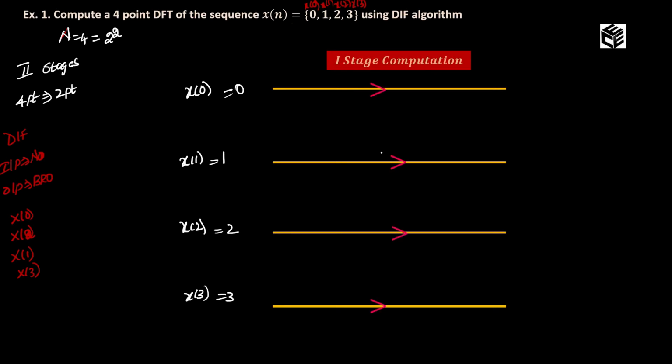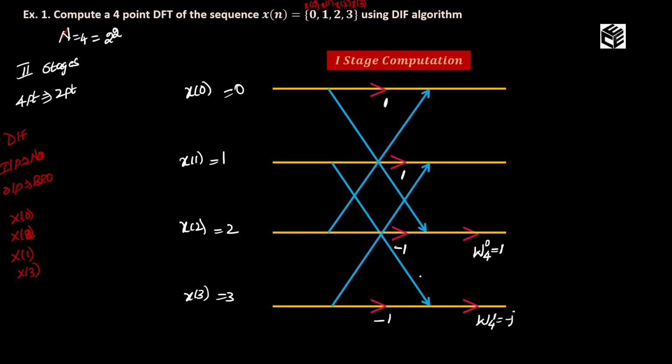Now I'm going to add the values, that is plus 1 and minus 1. Since it is a 4-point sequence, the first 2 lines will take plus 1, the next 2 lines will take minus 1. Wherever there is minus 1, I will be adding the twiddle factor. For 4-point sequence, my twiddle factors are W4 power 0 is equal to 1, W4 power 1 is equal to minus j. Now I am going to connect the cross lines.